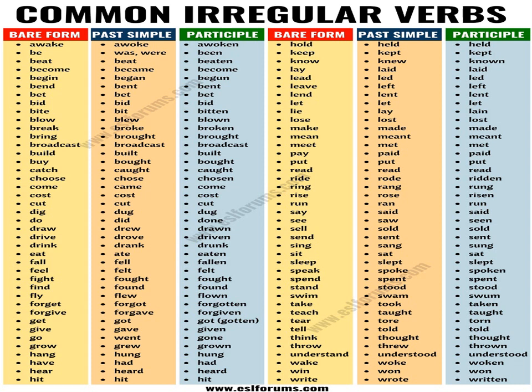So you have the bare form or the base form, the infinitive form, you have the simple past, and you have the past participle. The past participle is used in other English tenses like present perfect or past perfect, all right? So, of course, in this video, we are talking about the simple past of regular verbs and irregular verbs.